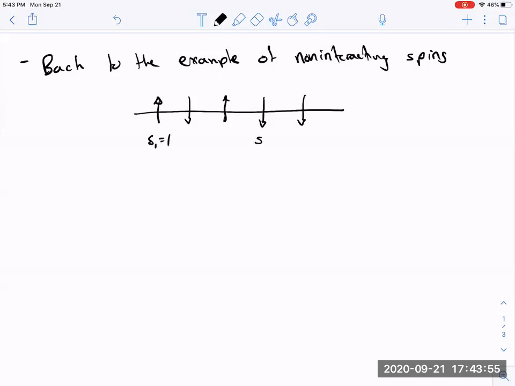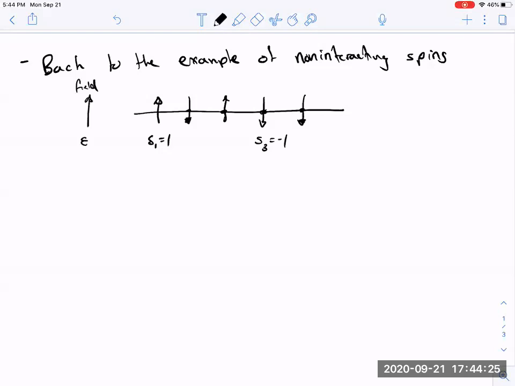If they're down, we'll call that spin -1. We will impose a preferred direction by applying an external field that makes it energetically favorable to align in the up direction, and that field will have some magnitude epsilon.